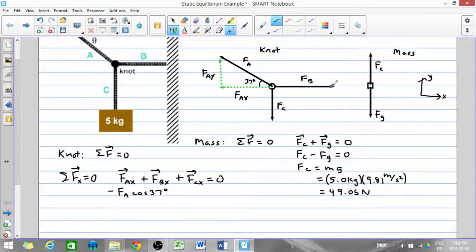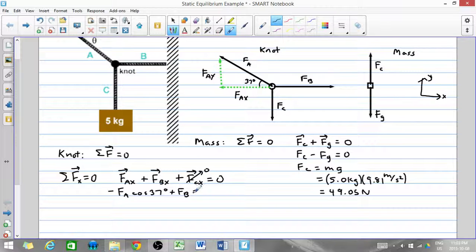Okay, now for force B. Well, you see how it's lined up with the x-axis? Its only component is in the x direction. So you don't need to use trig or anything. We'll just say that the x component of force B is force B. And then for the x component of C, well, you can see force C is lined up with the y-axis. It has no x component.